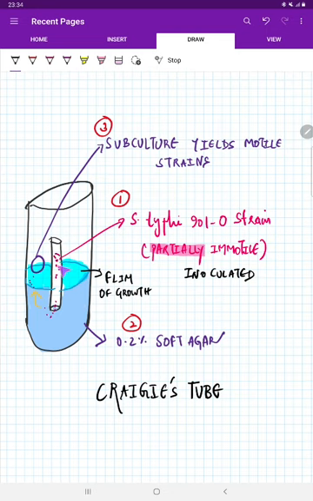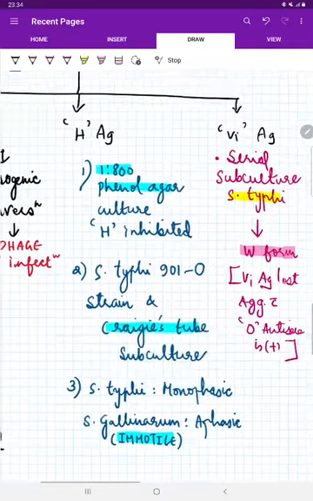The strains which are motile will try to come down and reach the bottom of the tube. This bottom of the tube contains 0.2% soft agar. In this agar, the bacteria will grow and reach the upper part, where they form a film of growth. So whenever we culture from this upper part of the agar, we can yield the motile strain. This is a Craigie tube. This is all about the H antigen.